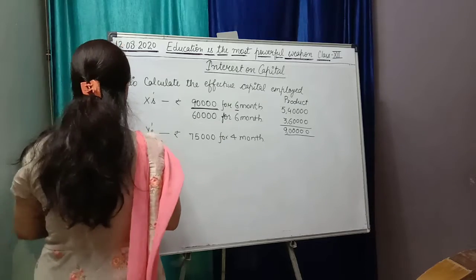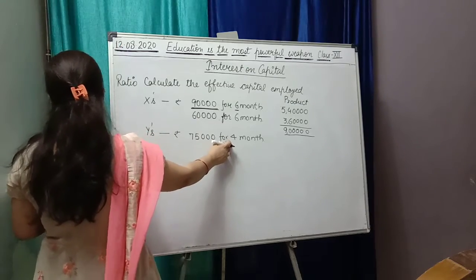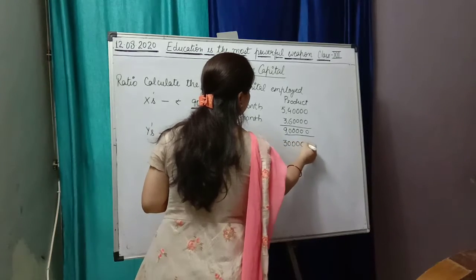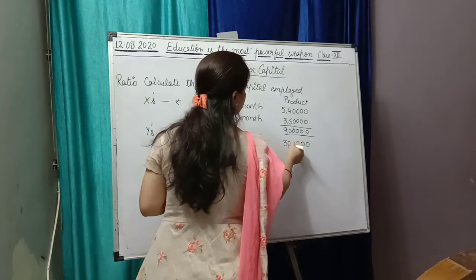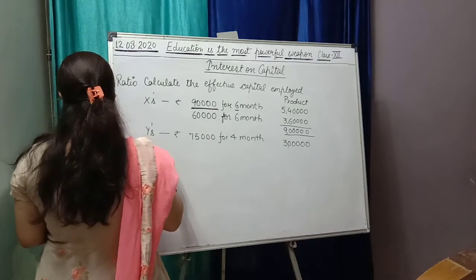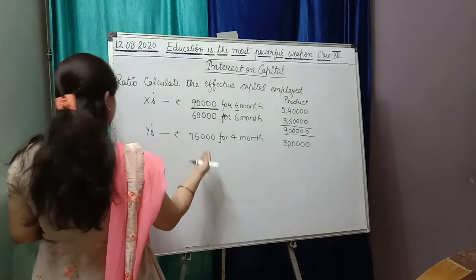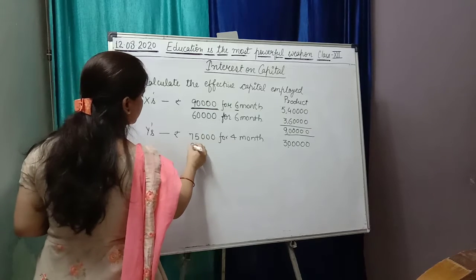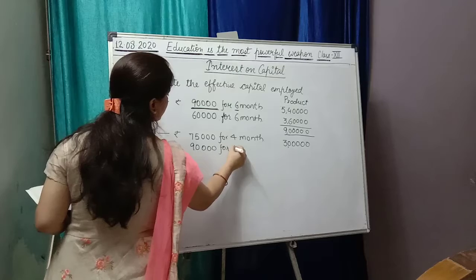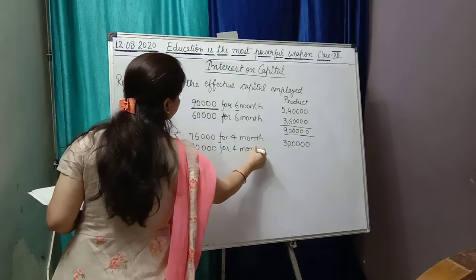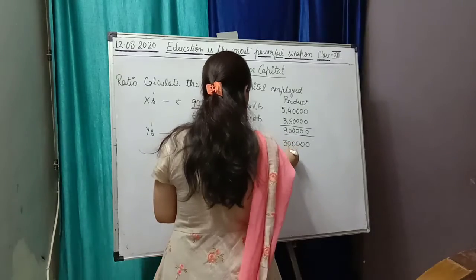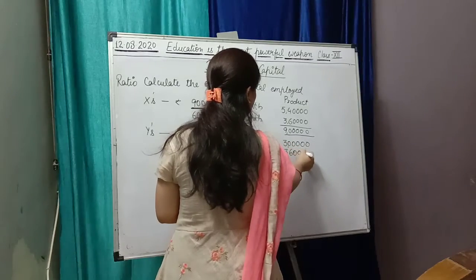So 75,000 into 4 will be 3 lakh. And after that, it has been increased to 90,000 after 4 months. So 90,000 for 4 months is 3,60,000.